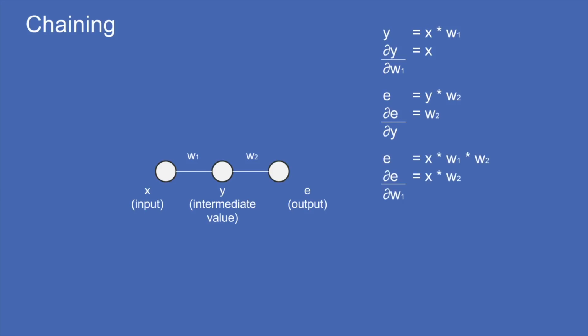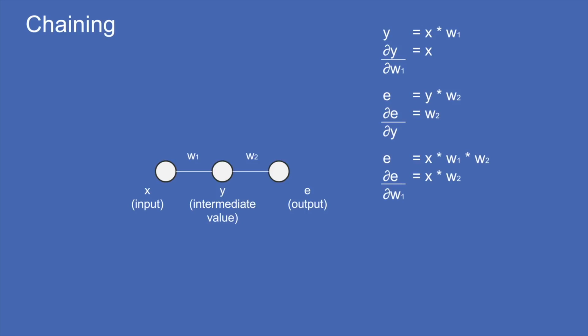Because this network is so simple, we can calculate from one end to the other. x times w1 times w2 is the error e. And so if we want to calculate how much the error will change if I change w1, we just take the derivative of that with respect to w1 and get x times w2.